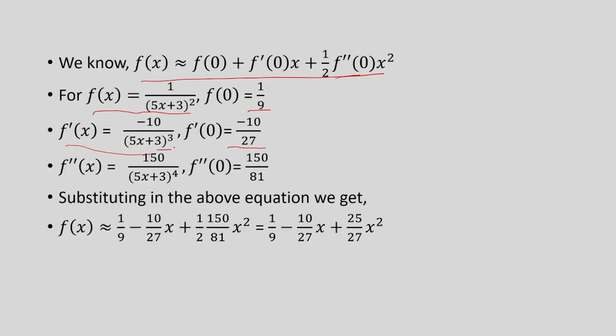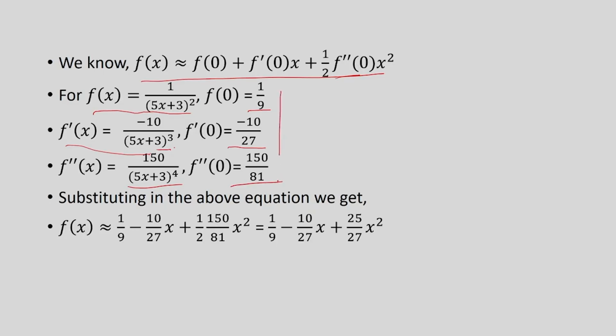Similarly, if you differentiate this once again, you are going to get f double dashed of x, which is 150 divided by 5x plus 3 to the power 4, and again you put x is equal to 0, you are going to get 150 divided by 81.